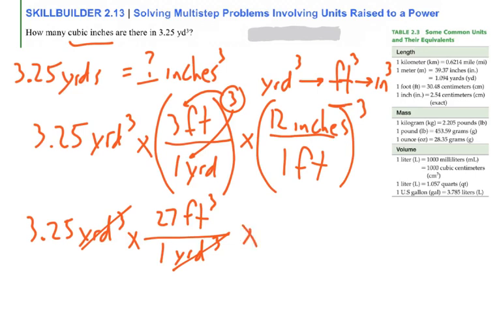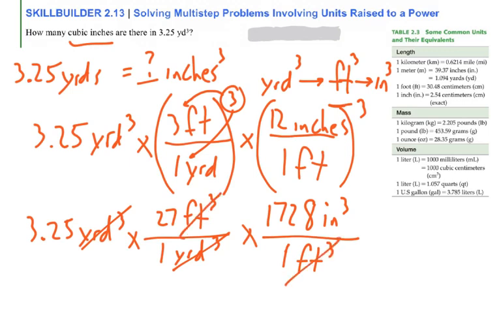First thing you got to do is 12 times 12 times 12, which is 1,728. And when you cube the inches, it's inches cubed. And then the bottom would be 1 times 1 times 1. And a foot cubed is a foot cubed. And that will allow you to do this. Now, math-wise, you multiply 3.25 times 27. That gives you 87.75.